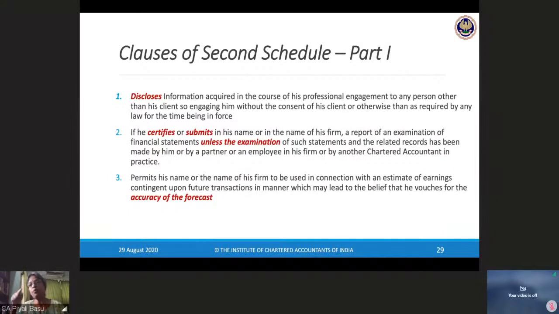But that a fraud is going to happen, this you don't have to report to the authority.